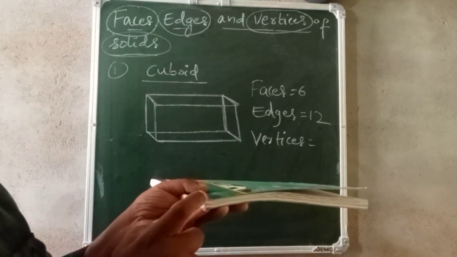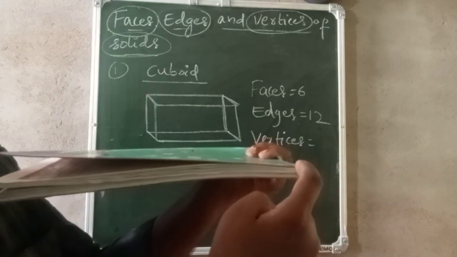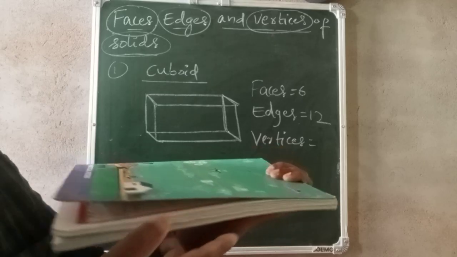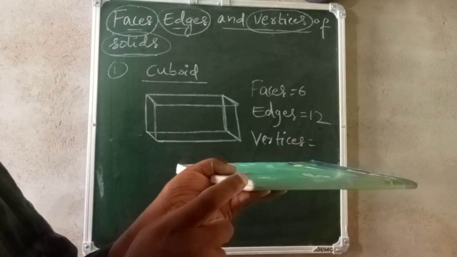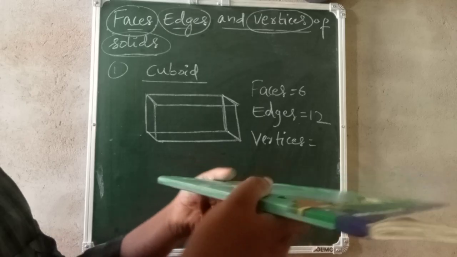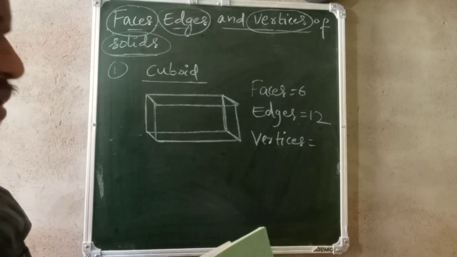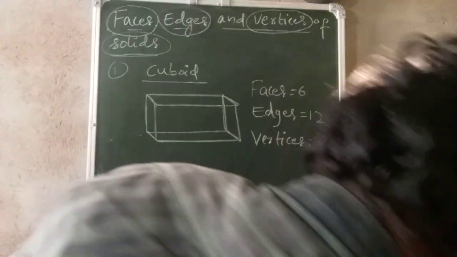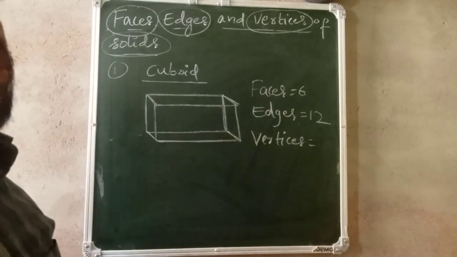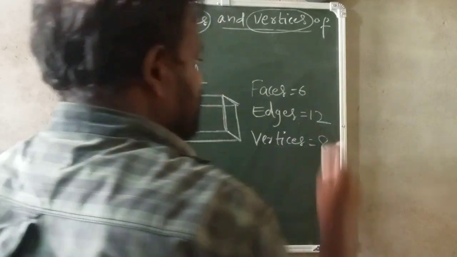This is 1, 2, 3, 4, 5, 6, 7, 8. So 8 corner points are there. So corners is also called vertices. So vertices is equal to 8.